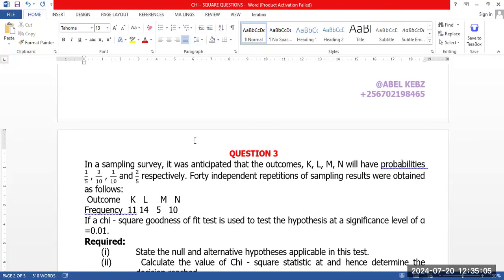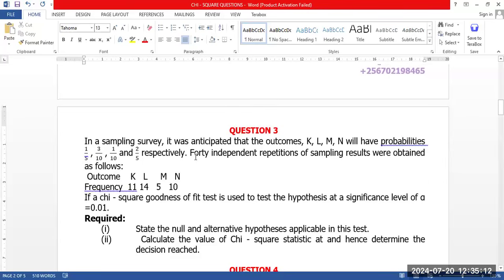But here you are dealing with a question which has some probabilities. It is hard for you to come up with statements to formulate under null and alternative. But what you can observe are the probabilities of each outcome.